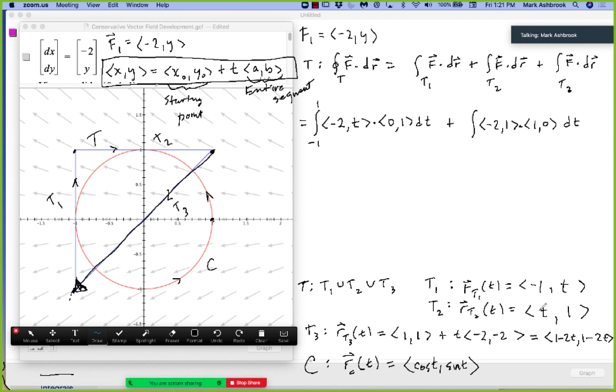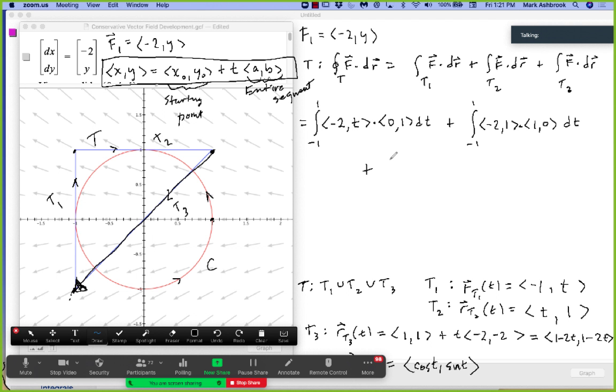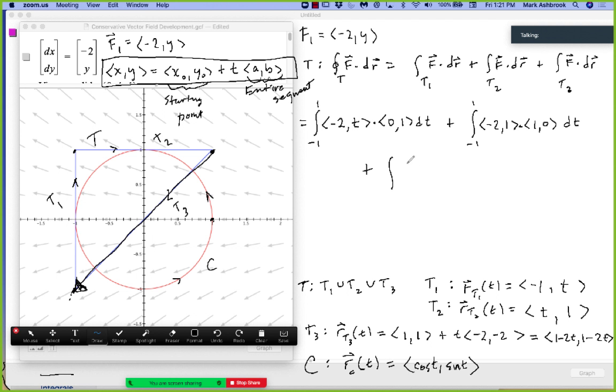So t goes from negative 1 to 1. And then finally t3. So f is negative 2 and what? Here's y for t3: 1 minus 2t. Yep.